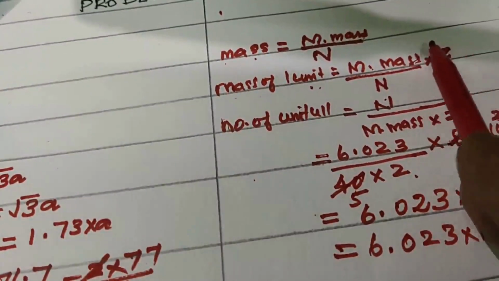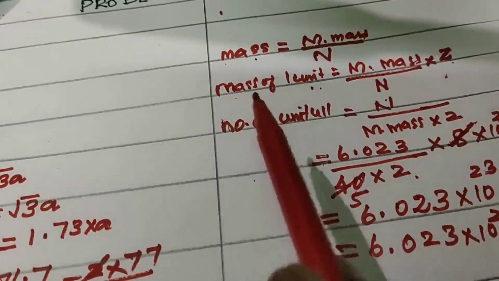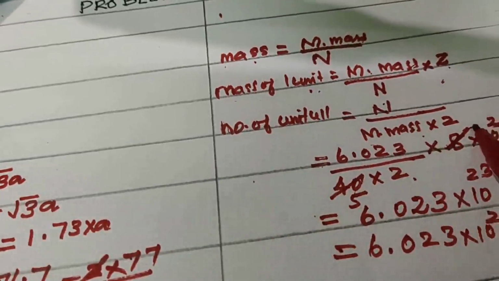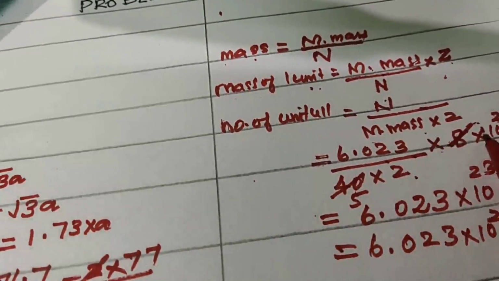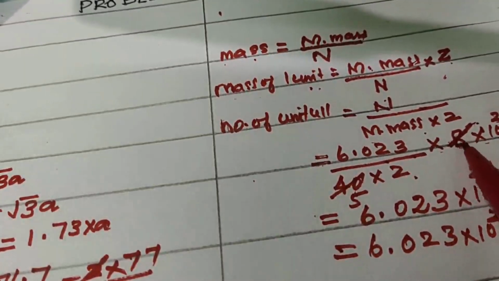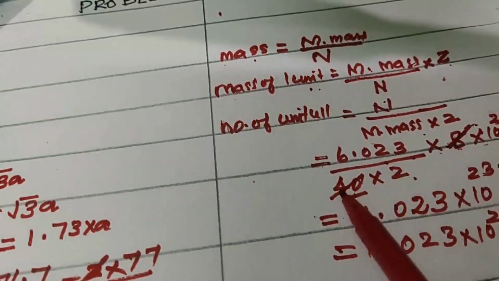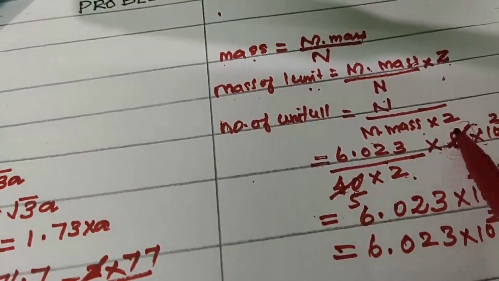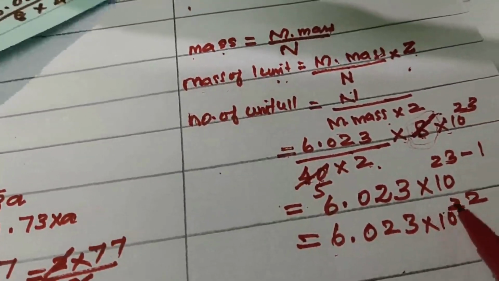Since it is BCC, it is multiplied by 2. Then the number of unit cells and mass are reciprocal, so N divided by molecular mass into 2. So Avogadro number 6.023 into 10 raised to 23 into 8 divided by 40, molecular mass, into 2. Why is it multiplied by 8? For calculating the number of unit cells in 8 gram. So the answer is 6.023 into 10 raised to 22.